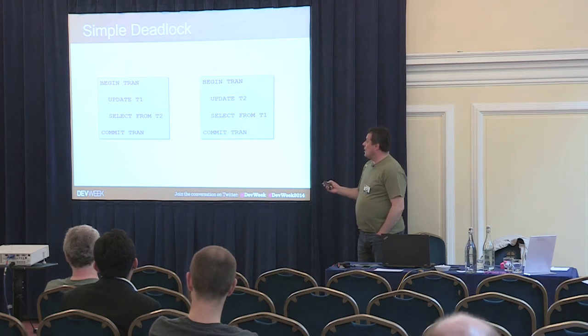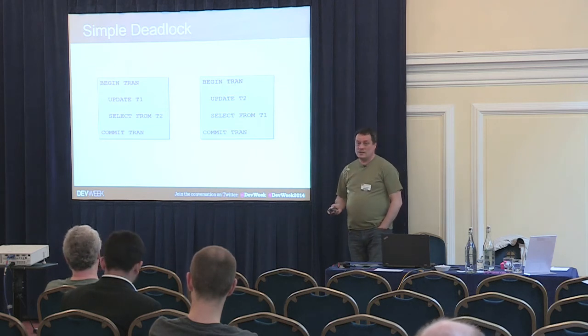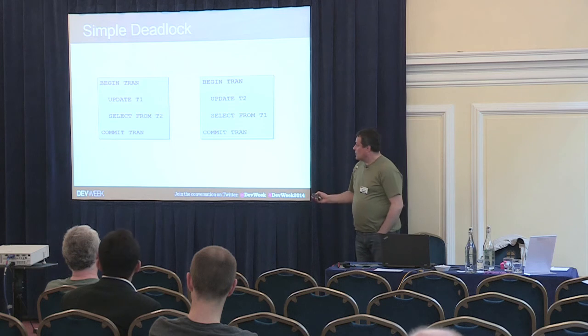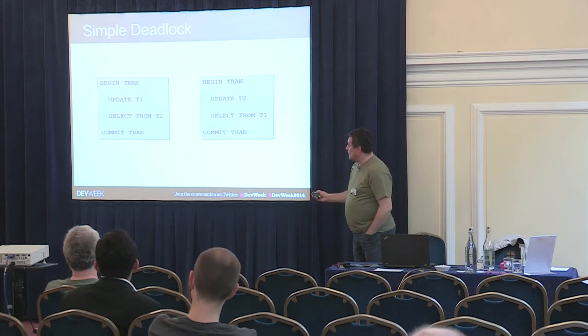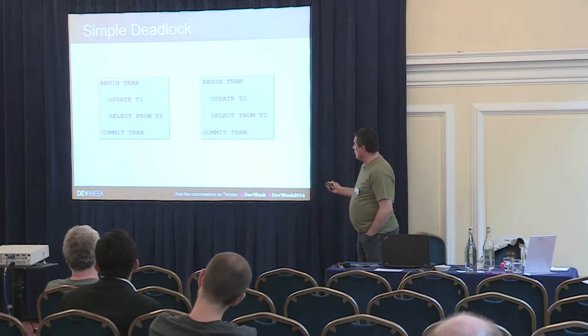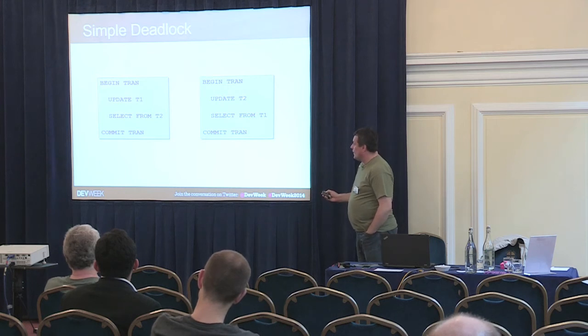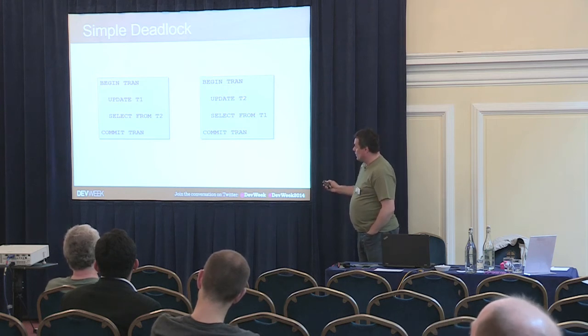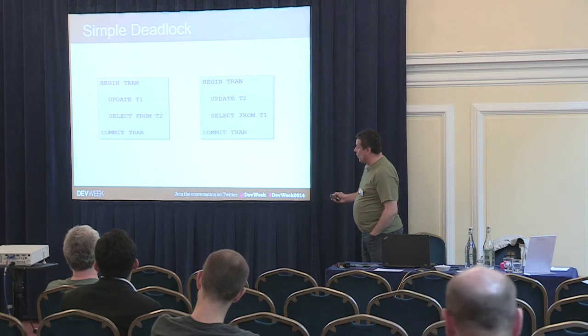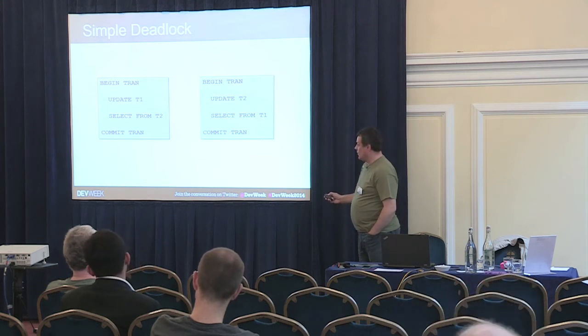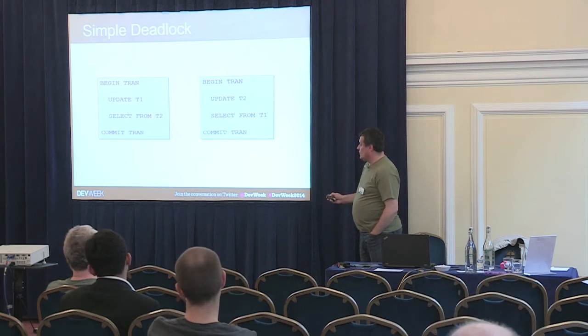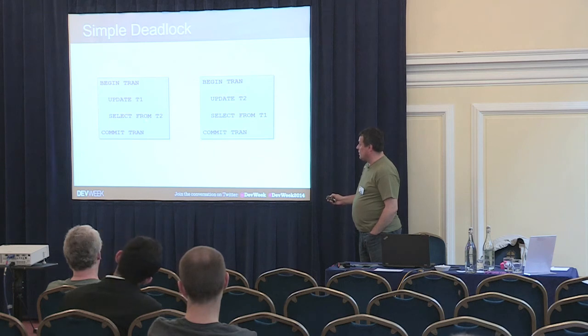This is very typical, called a simple or also cycle deadlock. So you see, the first transaction is updating table 1, while the second is updating table 2. And then for both transactions, you can imagine an imaginary timeline going down, right? Vertical one. Now the first transaction is reading from table 2, and table 2 is exclusively locked.